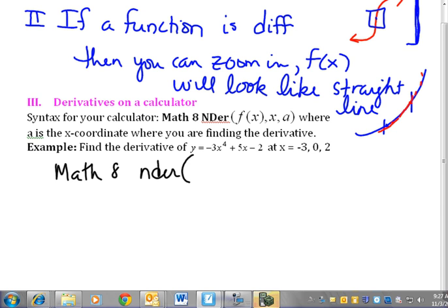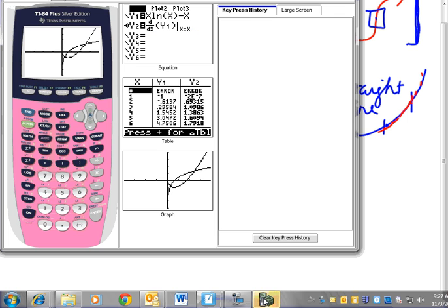And I like to put my function into Y1. Because this isn't bad, but if you're talking about a rational function which has got fractions, then the parentheses get pretty ugly. So if I do this, I have fewer problems with parentheses. And then it's x, comma, and the value. It's called x. I think there's a short way to do this.